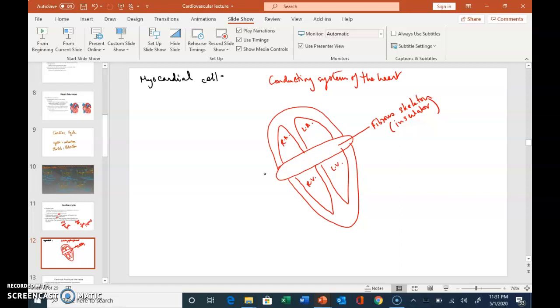And the myocardial cells are nothing but the cells of the heart muscle. And then there are some specialized cells. These are very, very specialized. They are not myocardial cells. And these specialized cells actually generate the heartbeat.